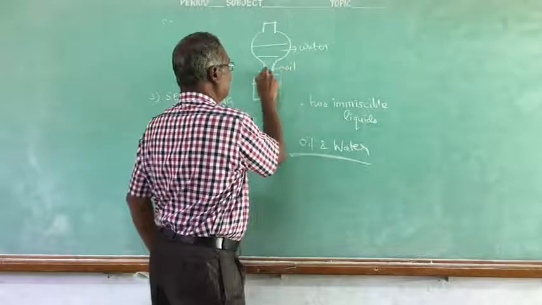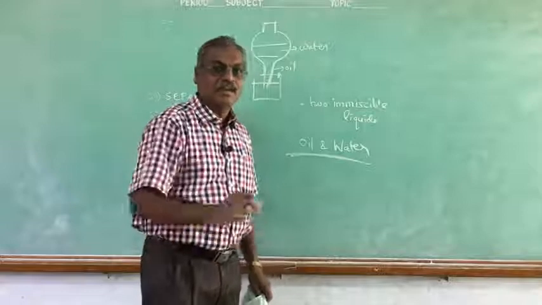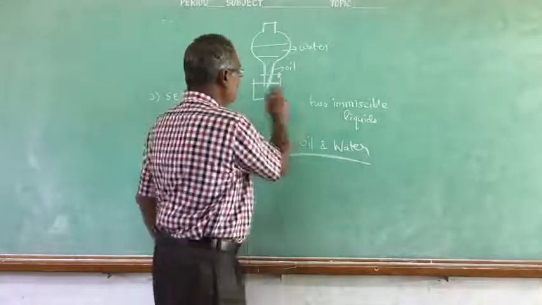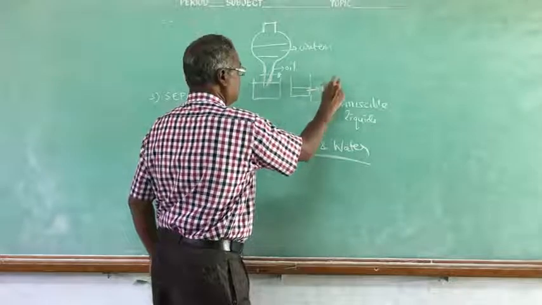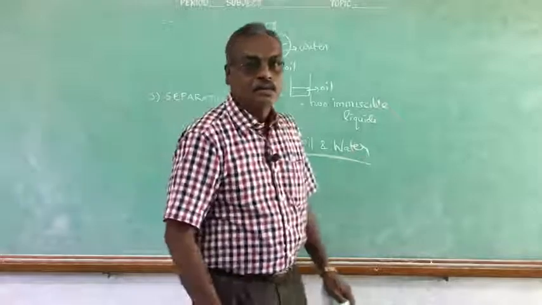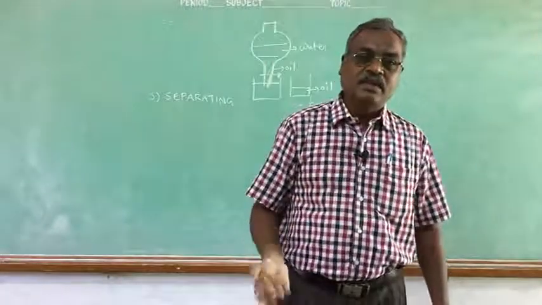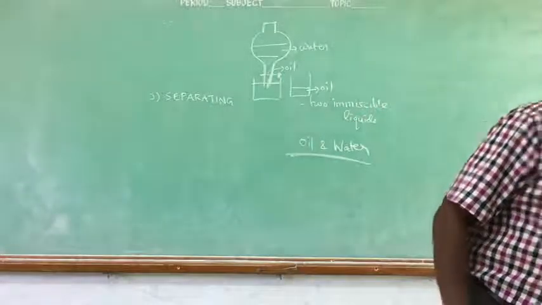Then here there is a tap. Open the tap, first the oil will come down. Then you remove the beaker and put another beaker. First you take the oil, then open the tap again, and then water will come down. Then you are able to separate the water. So this is known as the separating funnel.